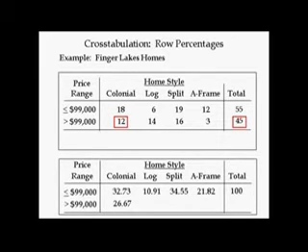The next row percentage is found by dividing 14 by 45. The resulting value can be interpreted as the probability of a randomly chosen home being log given it is priced at more than $99,000. It is equal to 0.3111 or 31.11%. The next row percentage is found by taking 16 and dividing it by 45. It can be interpreted as the probability of a randomly chosen home being split given it is priced at more than $99,000.